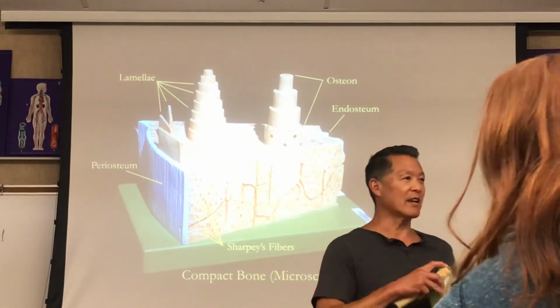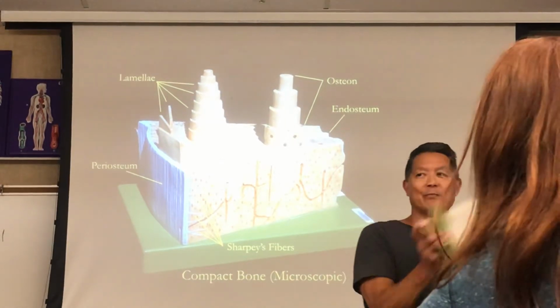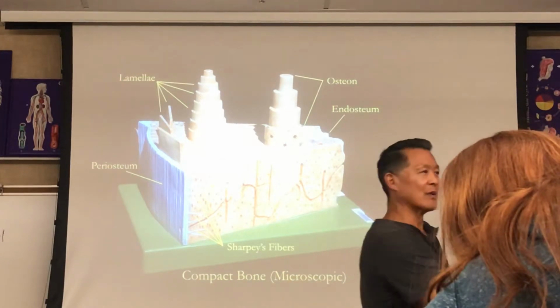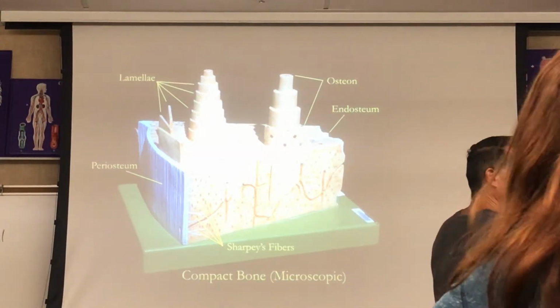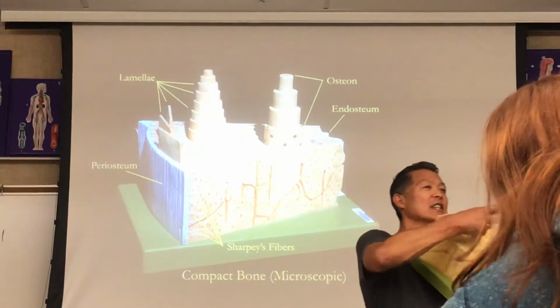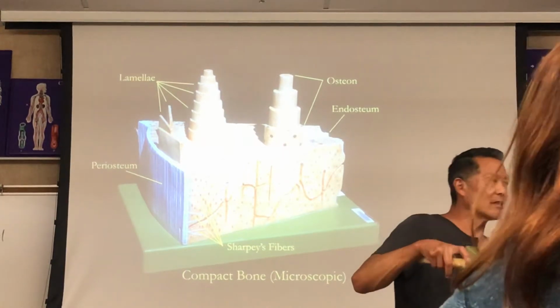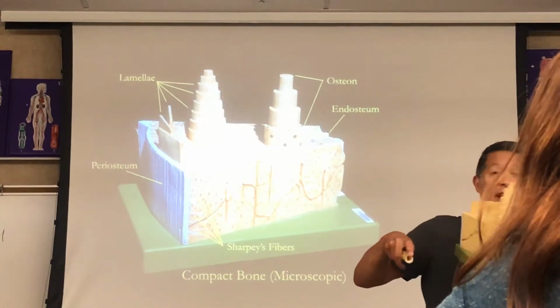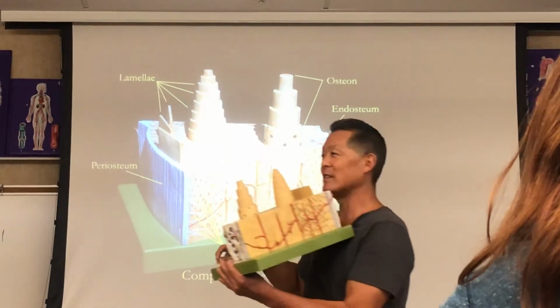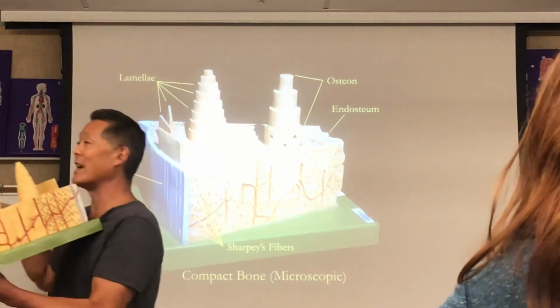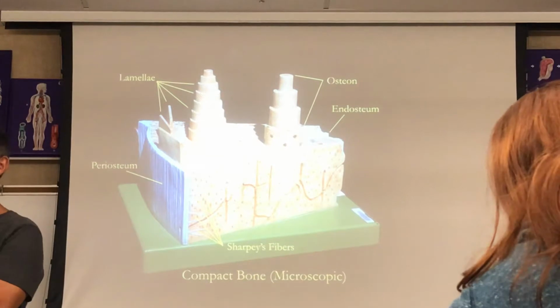So this white layer is outside the bone. That white is periosteum. This incomplete white is lining the medullary cavity. That white is endosteum, and it's an incomplete layer. Endosteum is incomplete.